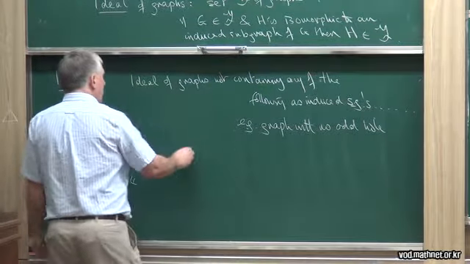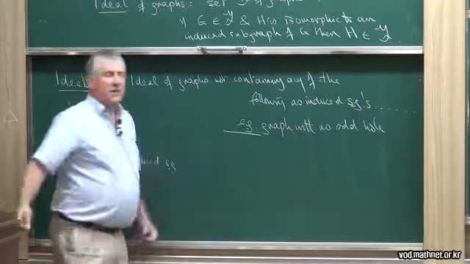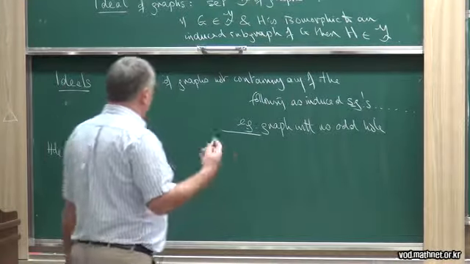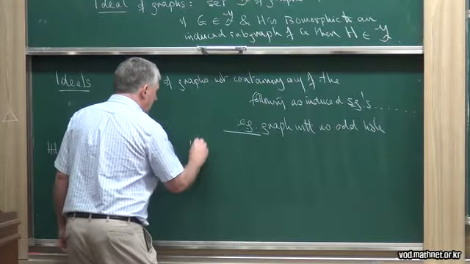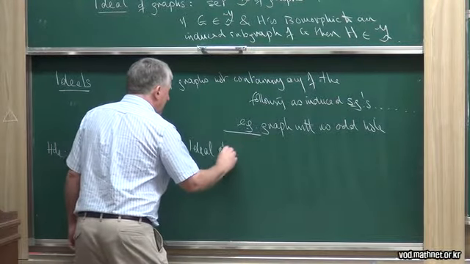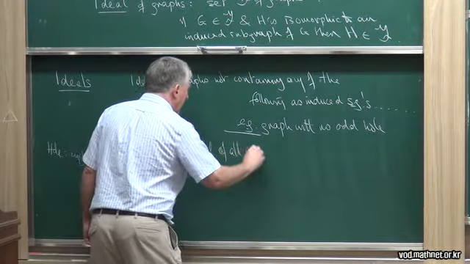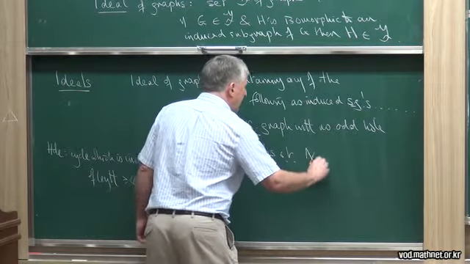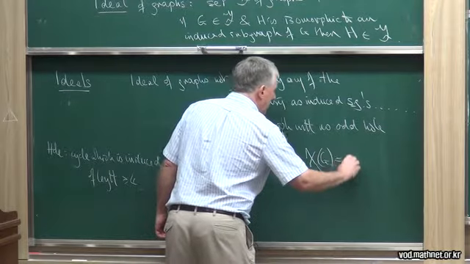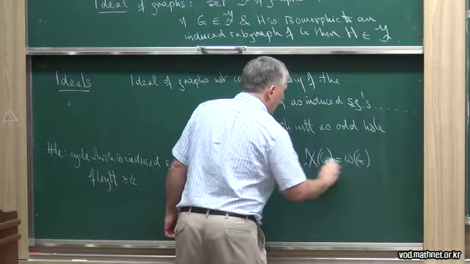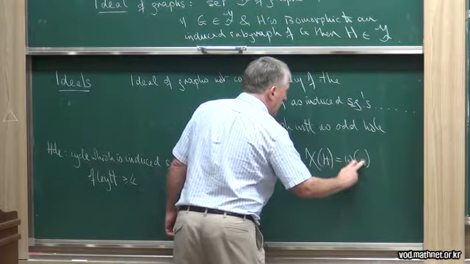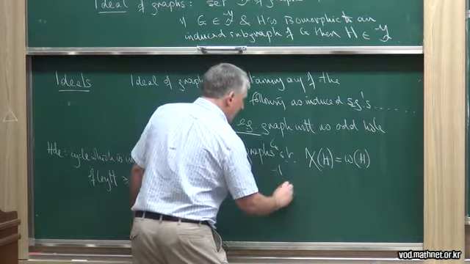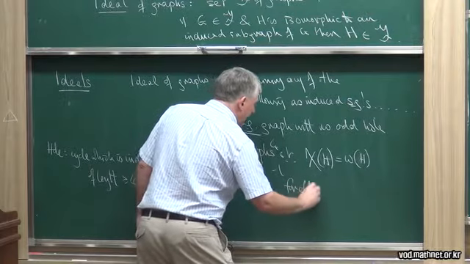Another way you could define an ideal is by properties. You could say the ideal of all graphs G such that the chromatic number equals the clique number for all induced subgraphs.